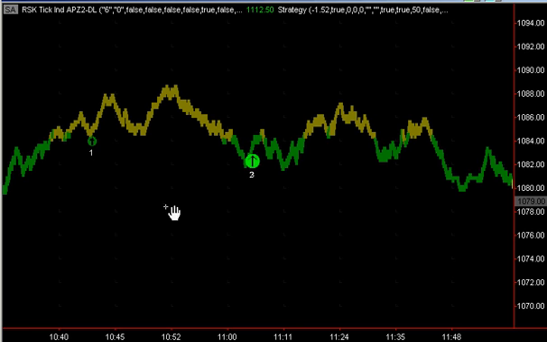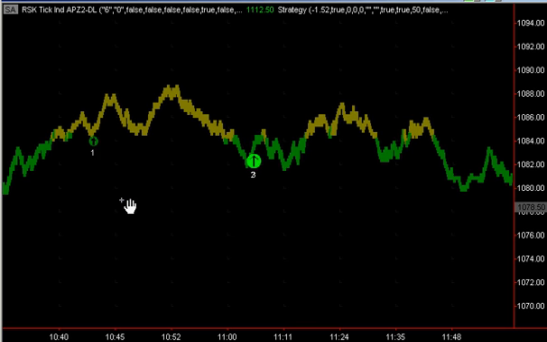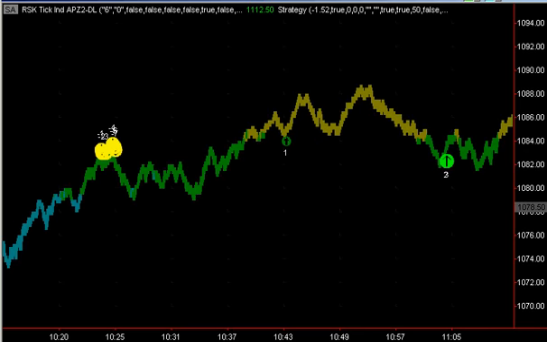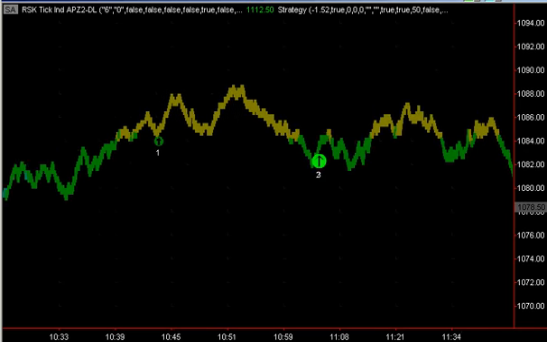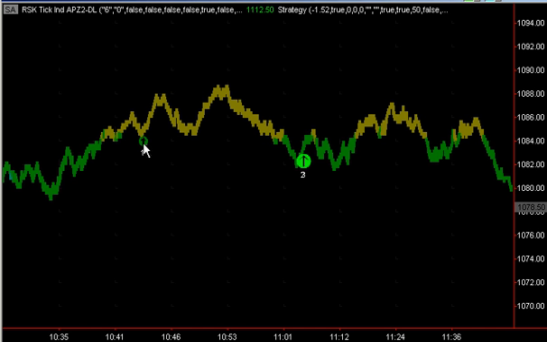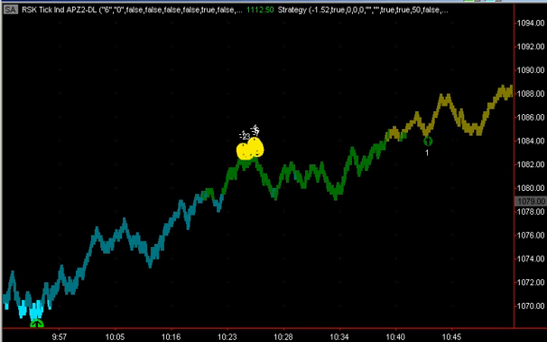For example, that trade right in here, well, we don't really have something to compare it with right here, but it's a slightly different strategy and produces a real nice opportunity for a long trade for a few points. It's a slightly different setup.